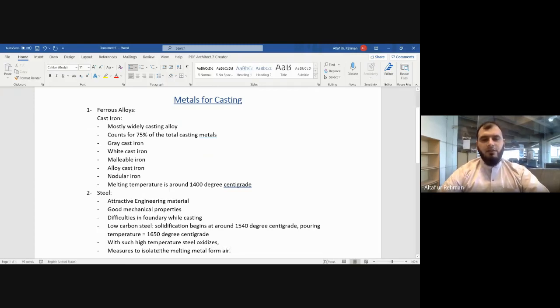Because at the pouring point or the melting point, it has oxidization issues, and oxidization is basically reducing your product quality. So you need to avoid this phenomenon, and for this you need some isolation mechanism to isolate the molten metal from the air. So that is all about the difficulties of steel.